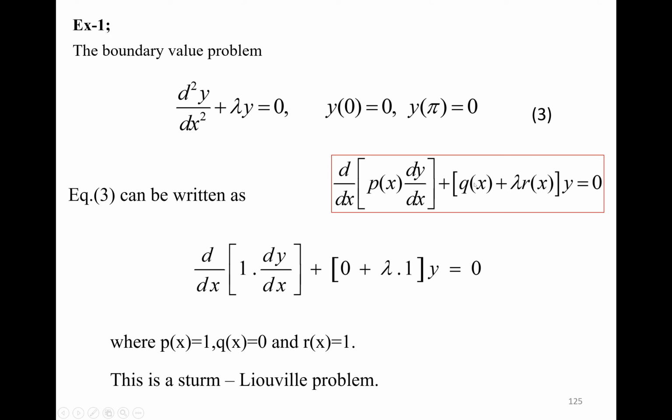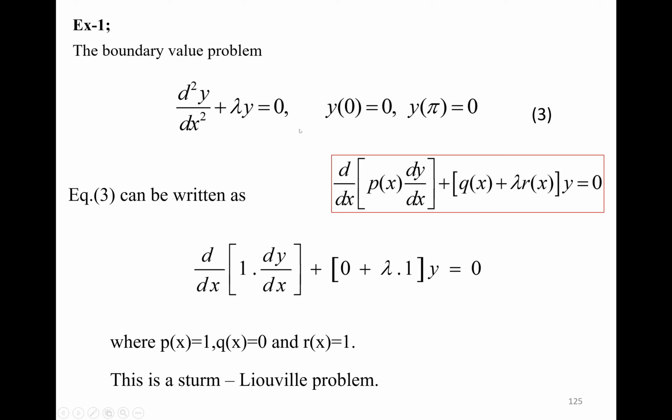Compare equation 3 with the Sturm-Liouville differential equation. It clearly says that p(x) equals 1. And what of q(x)? There is no q(x) in equation 3, so q(x) equals 0. What of r(x)? That will be equal to 1.